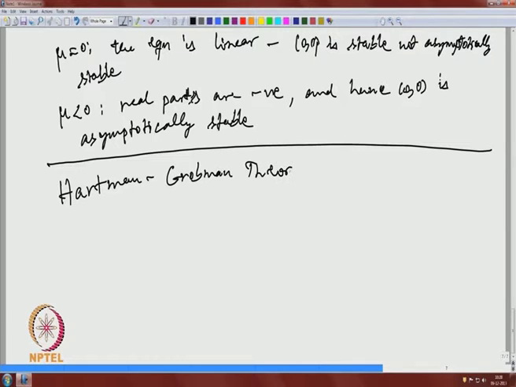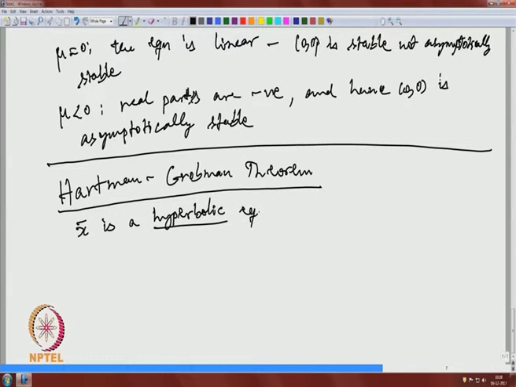Okay. I will just explain this in English; I will not even write down the precise terminology. The situation is that x bar is a hyperbolic equilibrium point.